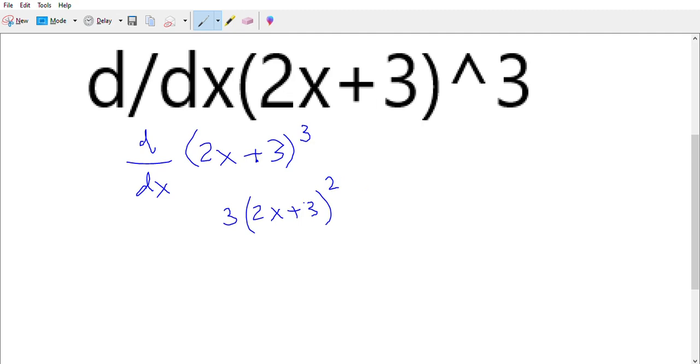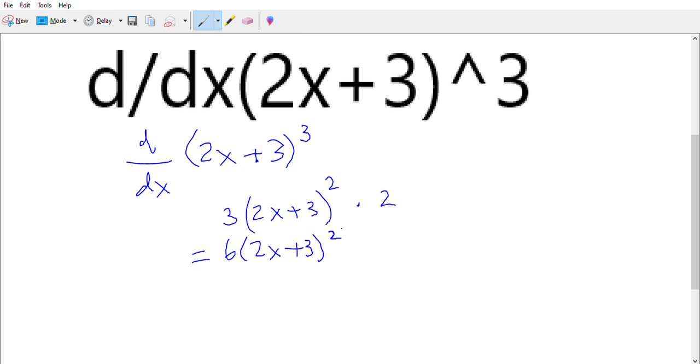And then because it's using the chain rule, you multiply the inside of 2x plus 3, the derivative of 2x plus 3, which is just 2, because the derivative of 2x is 2, and the derivative of 3 is 0. And at the end, all we got to do is just multiply the 3 and 2. So it becomes 6 times 2x plus 3 squared.